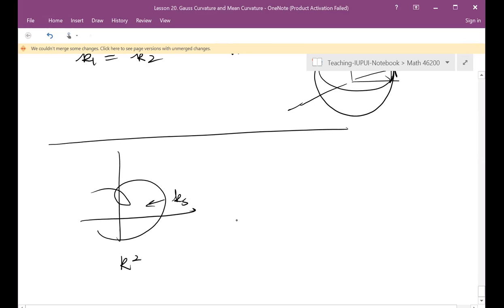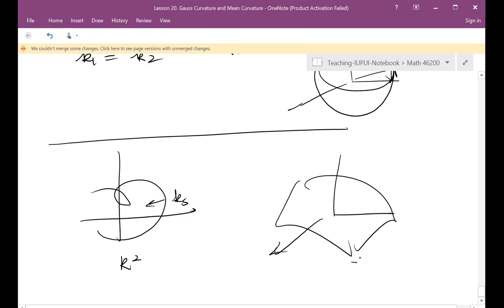The signed curvature tells you how curved the curve is at that particular point. Then for the surface, a two-dimensional object in three-dimensional space, at every point you need a Gauss curvature and the mean curvature. You need two curvatures. The geometry of each curvature is different from each other.